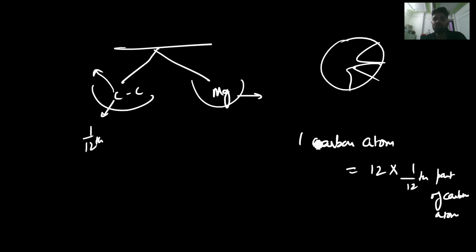Two carbon atoms are going to have a total of 24 such parts. Now you understand that 1/12 of the mass of a carbon atom is considered to be the standard mass for comparing the mass of other atoms. We have just considered this very small weight and start comparing with it.